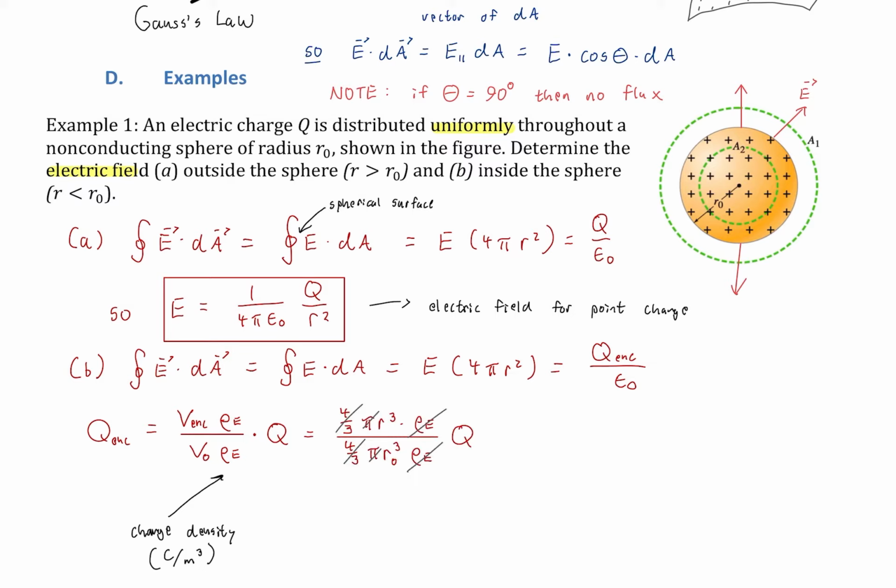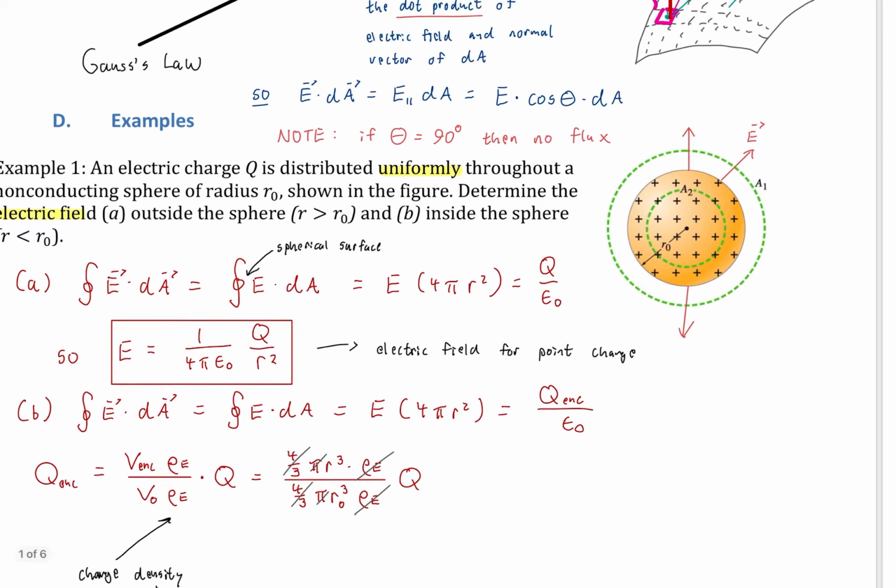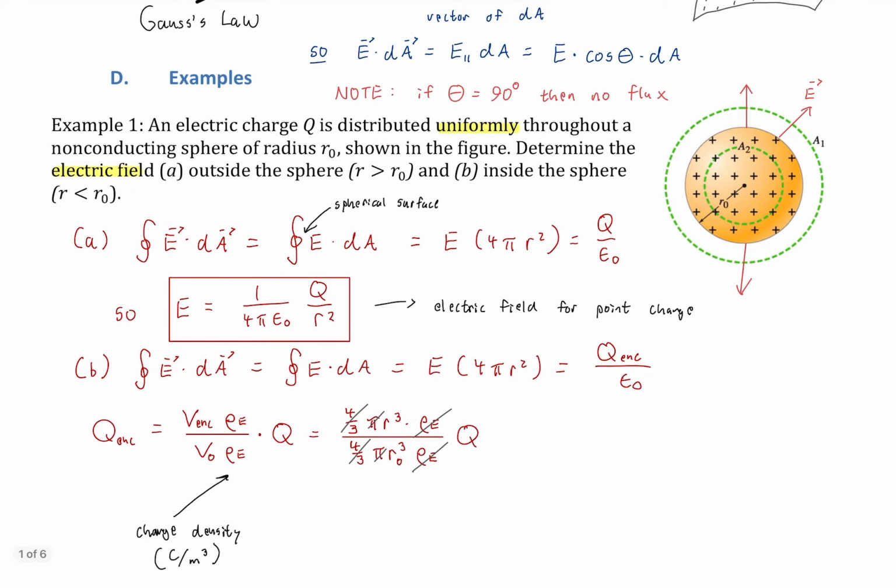Well, the volume is just the volume of a sphere. Just like here, I used the surface area of a sphere, 4 pi r squared, a common formula. The volume of a sphere is 4/3 pi r cubed. And here's the thing. The density, or the distribution, is the same in the smaller section as it is in the bigger section because it's uniform.